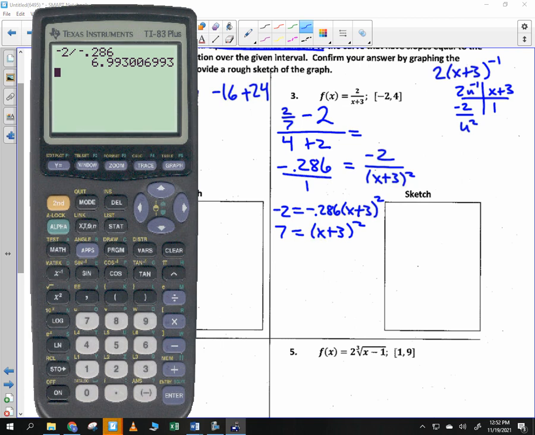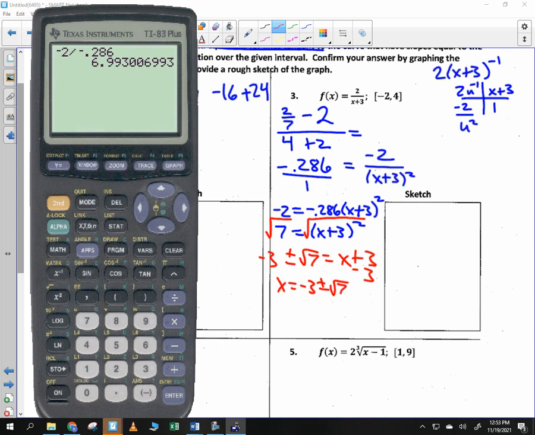Square root both sides. And when we take the square root of a variable squared, we have to list both the positive and the negative. So plus or minus the root of 7 is equal to x plus 3. And what do we do? Subtract 3. So we got x is equal to -3 plus or minus the root of 7.